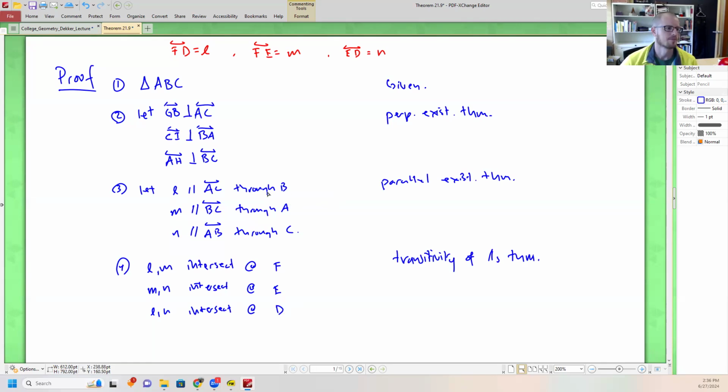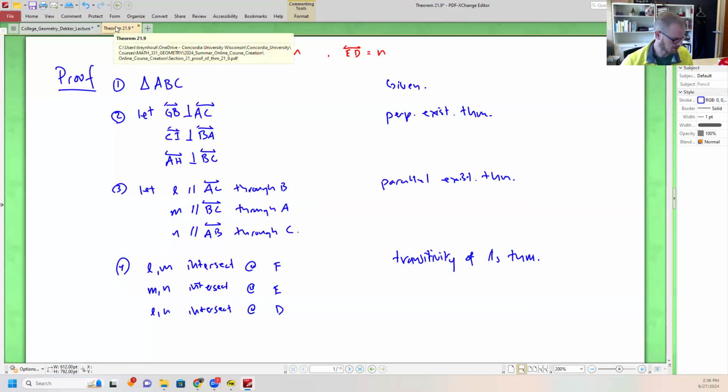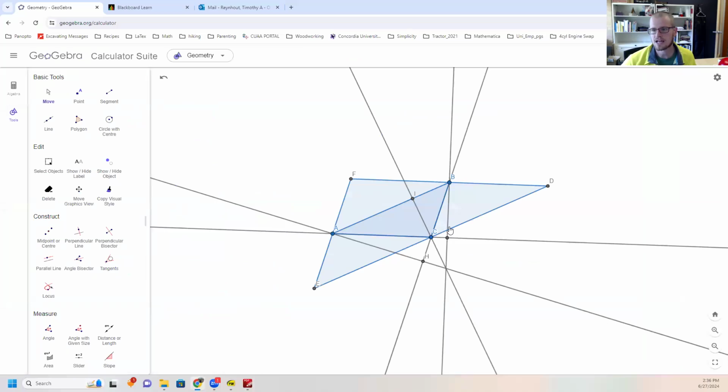Fantastic. All right. Now we want to point out that this altitude, which was perpendicular to AC, must also be perpendicular to FD.